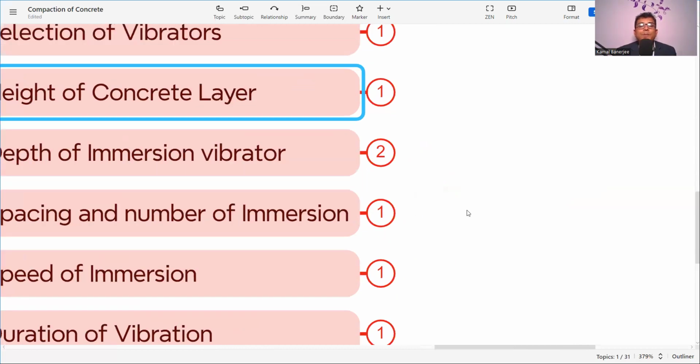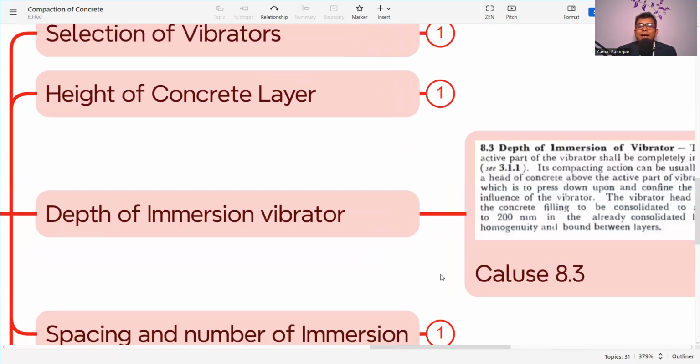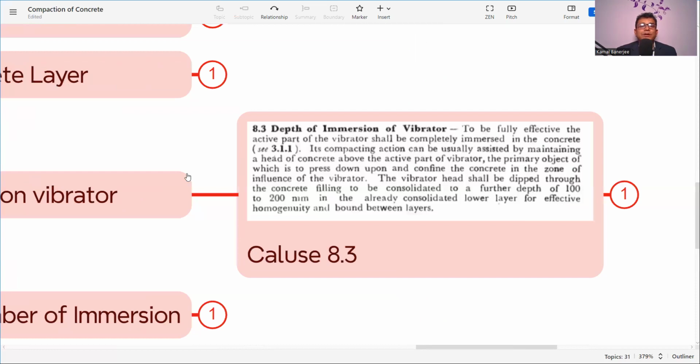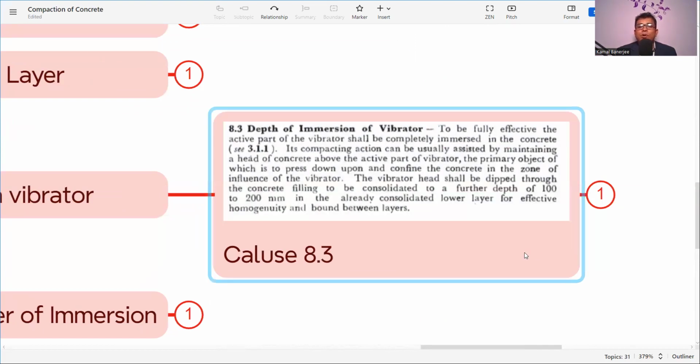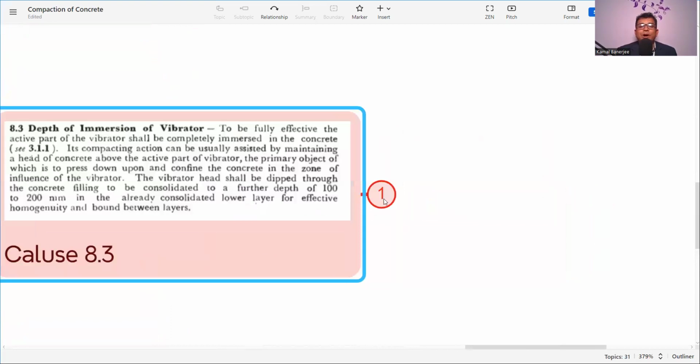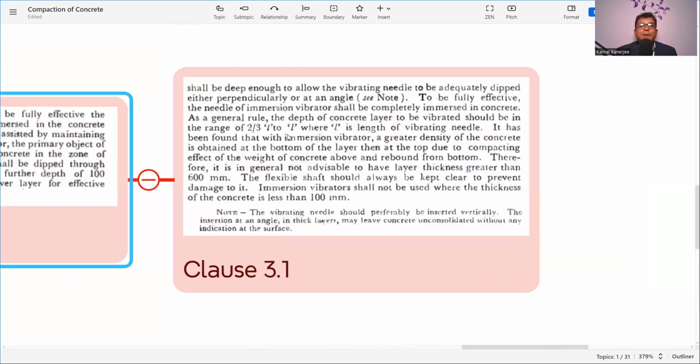How much depth of the vibrator will penetrate inside the concrete? That is also mentioned. See 8.3: to be fully effective, the active part of the vibrator shall be completely immersed in the concrete. See 3.11. Let's check what is 3.11. Here is clause 3.11. It says the needle shall be dipped thoroughly.